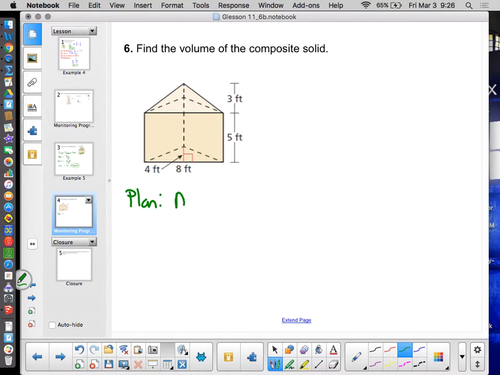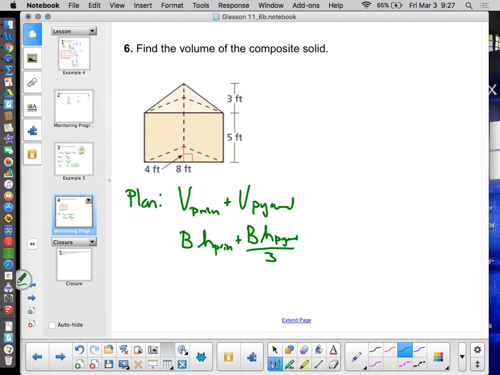My plan is still find the volume of the prism plus the volume of the pyramid, which is still base area times height of the prism, plus base area times the height of the pyramid, divided by 3. The base in this case, in both cases, is this triangle right here.